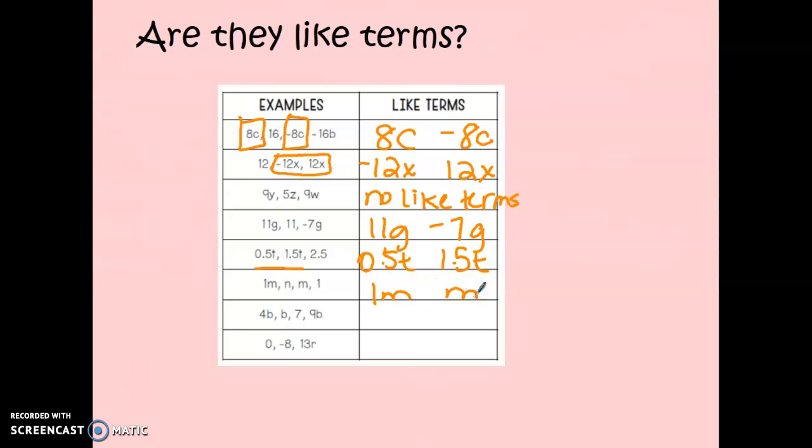These two are actually exactly the same thing, because when we don't have a coefficient in front of our variable, it means that imaginary number that we see would be a 1. So those are actually equivalent terms. Then our next one, we've got 4b, b, and 9b. And our last one, we've got 0 and negative 8. Those would be like terms.